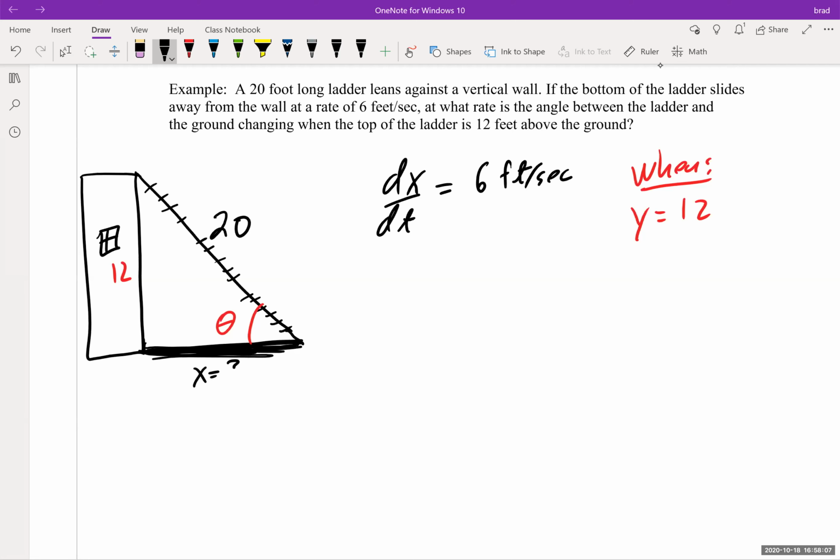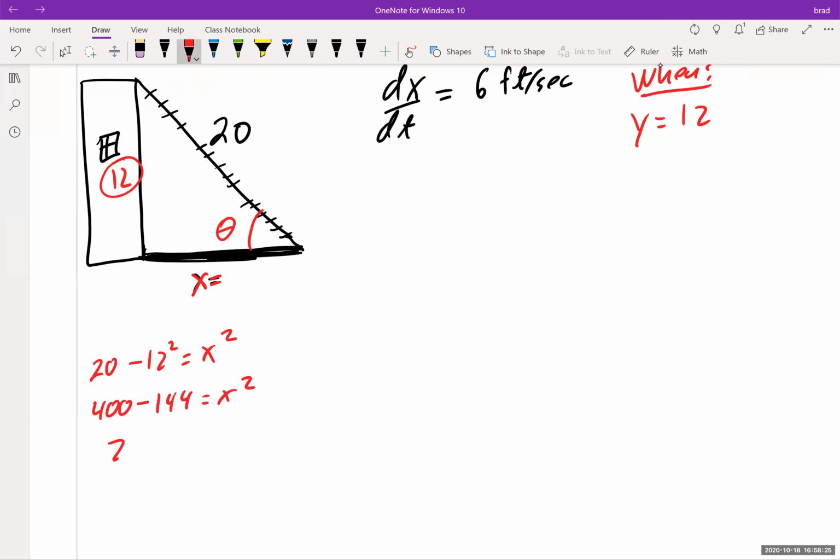Because we're going to need to use the "when" information to find x, that makes x also "when" information. So I'm going to do 20 squared minus 12 squared equals x squared. This would be 400 minus 144 equals x squared, and this is 256, which I'm assuming is 14 squared, but let me just make sure.